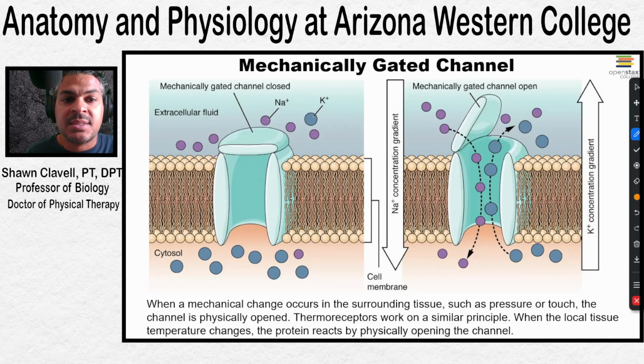We see this in some of the cells that respond to stretch and pressure. Mechanically gated channels allow ions to flow in if there is a physical change in the membrane.